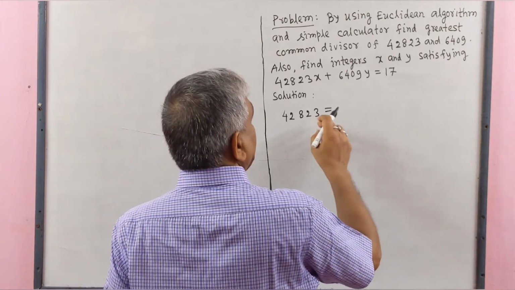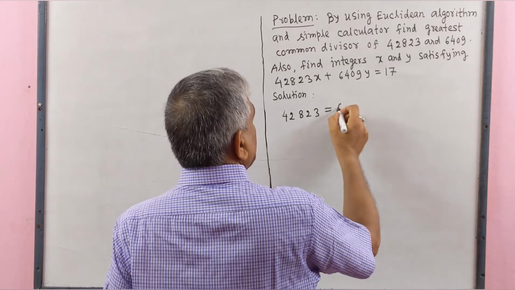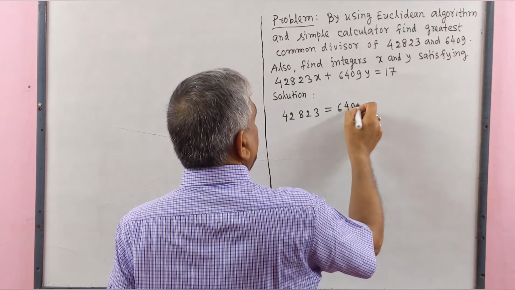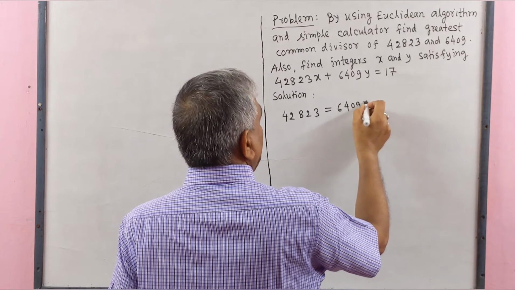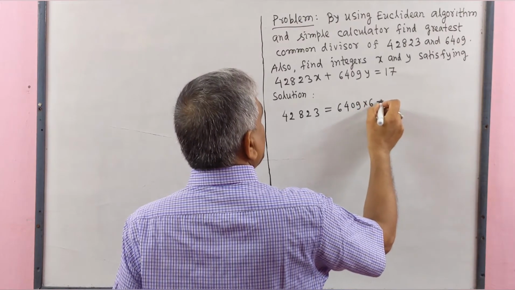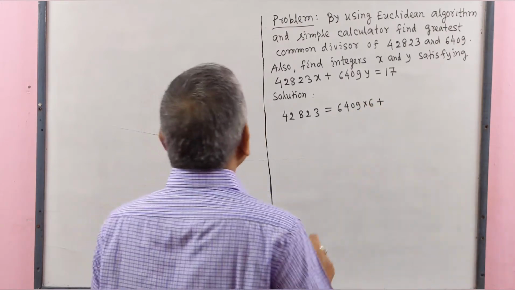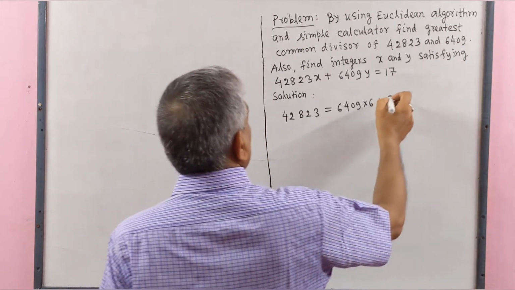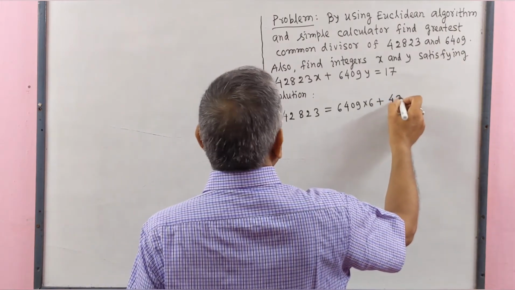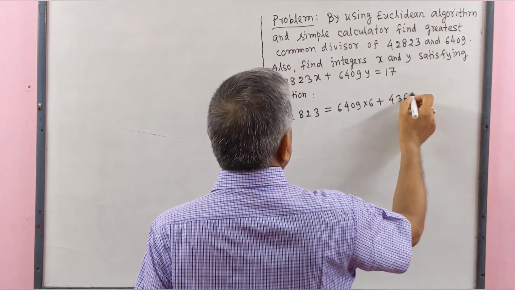So we write 6,409 multiplied by 6 plus remainder 4,369.